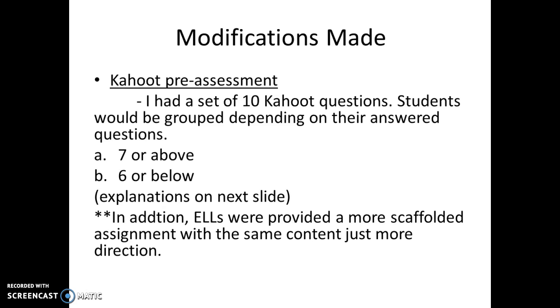Even though I am scaffolding this for the ELLs, as we're going to see in a little bit, they're going to have a different assignment based on their language proficiency, but I'm not giving them any different information. It's going to be the same information. They're going to be doing basically the same assignment, just a more scaffolded one for their proficiency level.